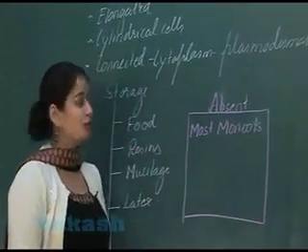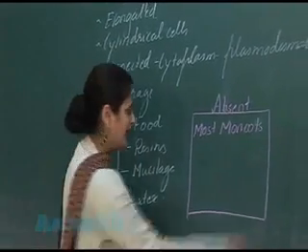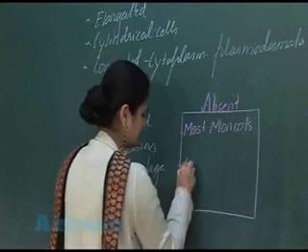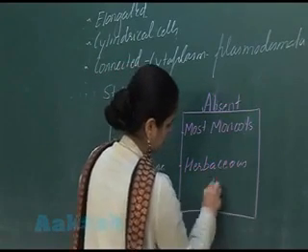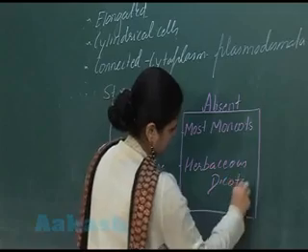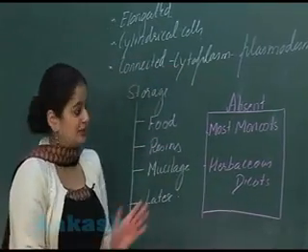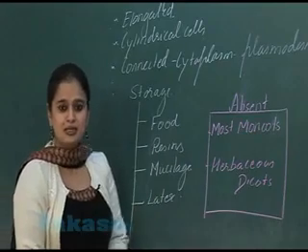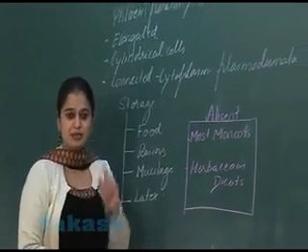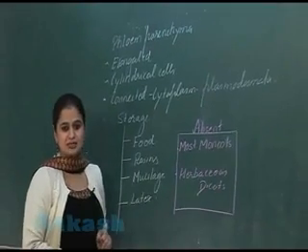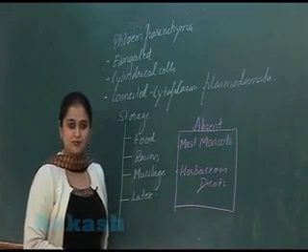In most of the monocots, the phloem parenchyma is absent, as well as it is absent in few herbaceous dicots. So till now we can say that in the monocots we have studied, lateral meristem is absent, cambium is absent, collenchyma is absent, and the phloem parenchyma is also absent.